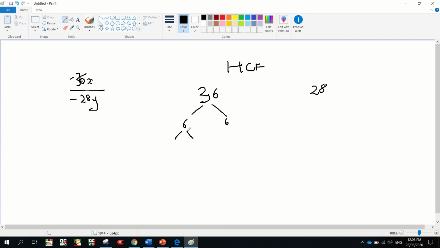Two numbers that multiply together to give 6: 3 and 2, both prime numbers. Circle them. Same over here, 3 and 2. Okay, we can't go down any further because they're prime numbers.